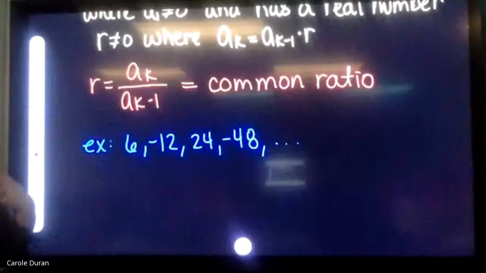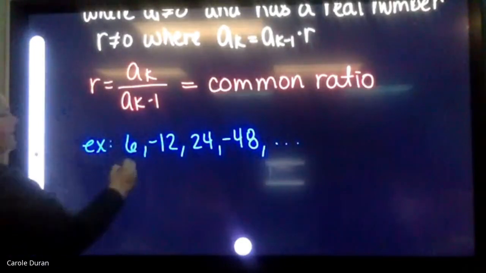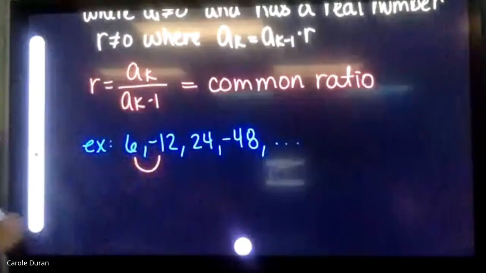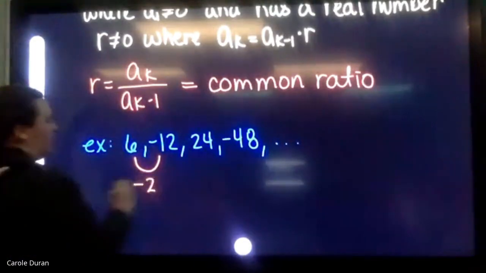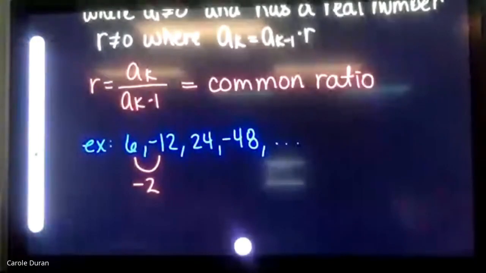So just like the previous one, if we're testing to find a common ratio, we should test at least 3 sets of consecutive terms. So on this particular example, I can just eyeball what my common ratio is. How am I changing from term 1 to term 2? Multiplying by -2. So my common ratio is negative 2.